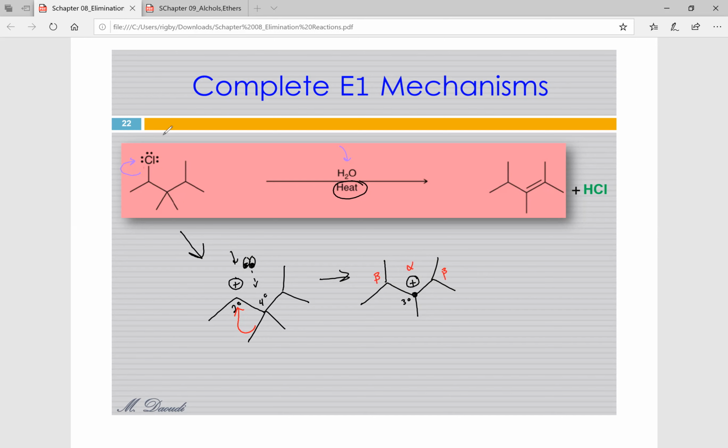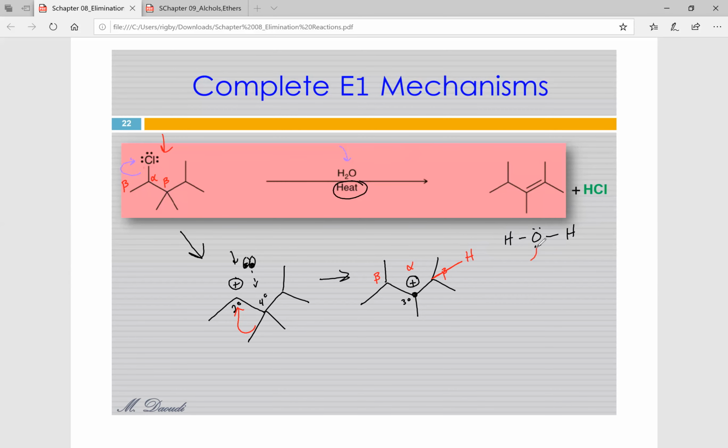If we went up here at our reagent and we said, oh, here's our alpha carbon, here are our 2 beta carbons, then we would get the wrong answer, okay? So now let me go ahead and draw one of the hydrogens on one of these beta carbons. And additionally, both of these beta carbons will yield the exact same product. So we only really need to write one of them. So now we have H2O, so HOH.